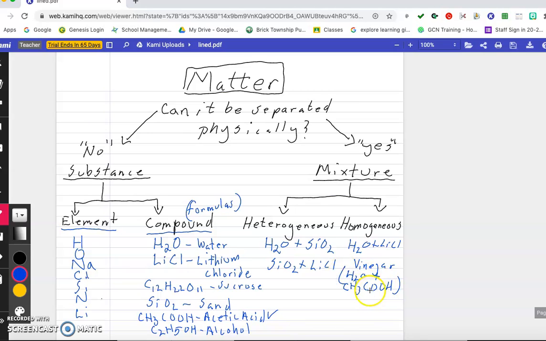Now, the acetic acid and the water look the same, so when you mix them together, it's one phase. So we have one phase on this side. And over here we have two or more phases. So that's the important part to heterogeneous and homogeneous mixtures.